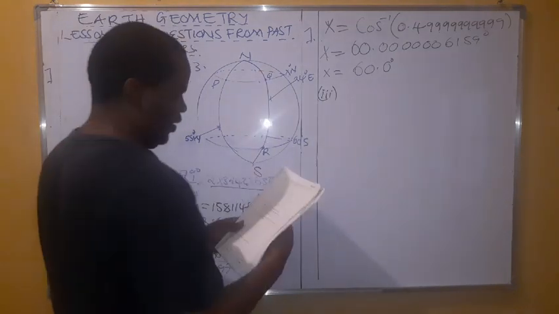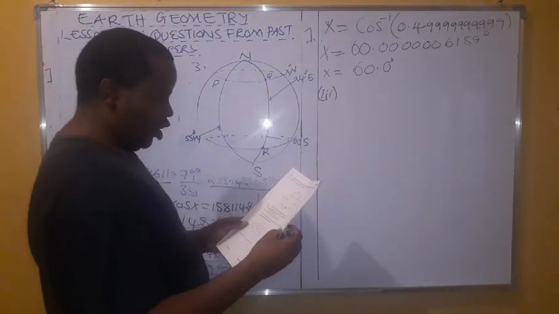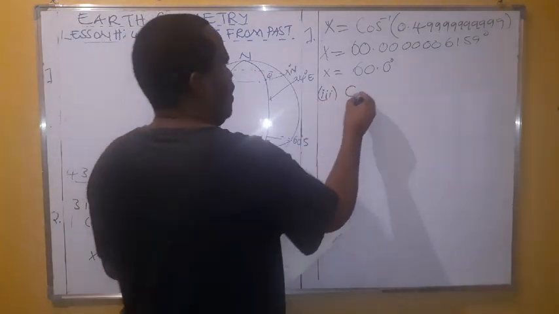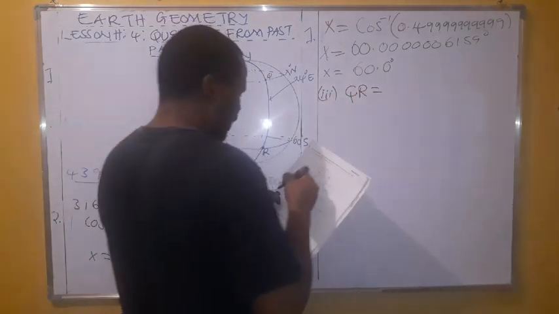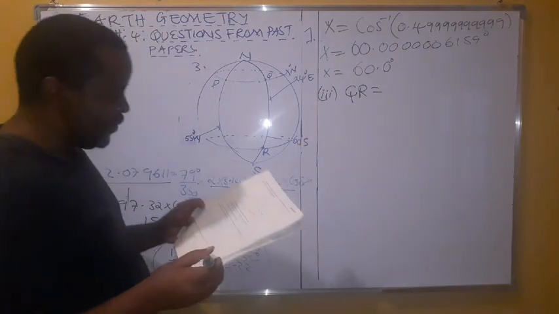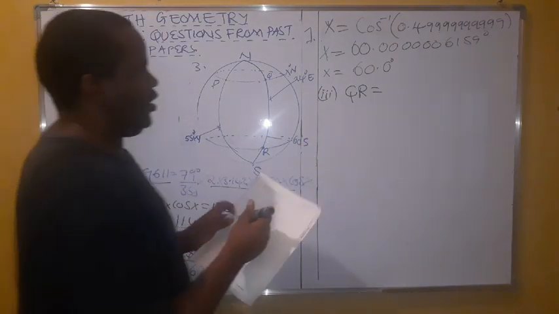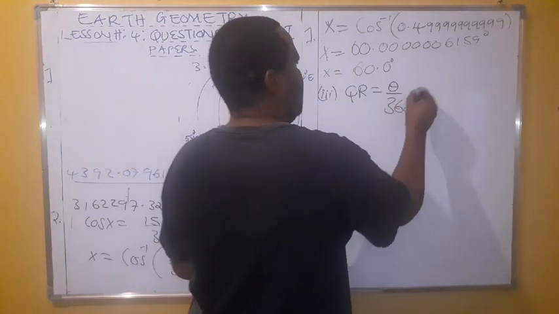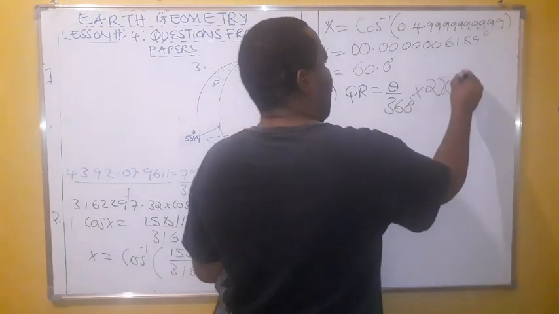So again, you realize that QR lie on the same longitude. So we're going to say QR, the distance there will be defined by theta over 360 degrees times 2 pi r.